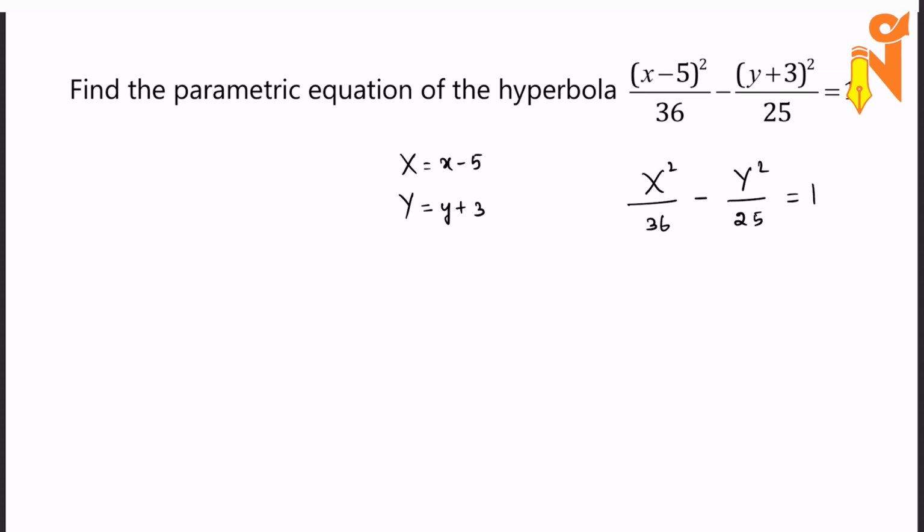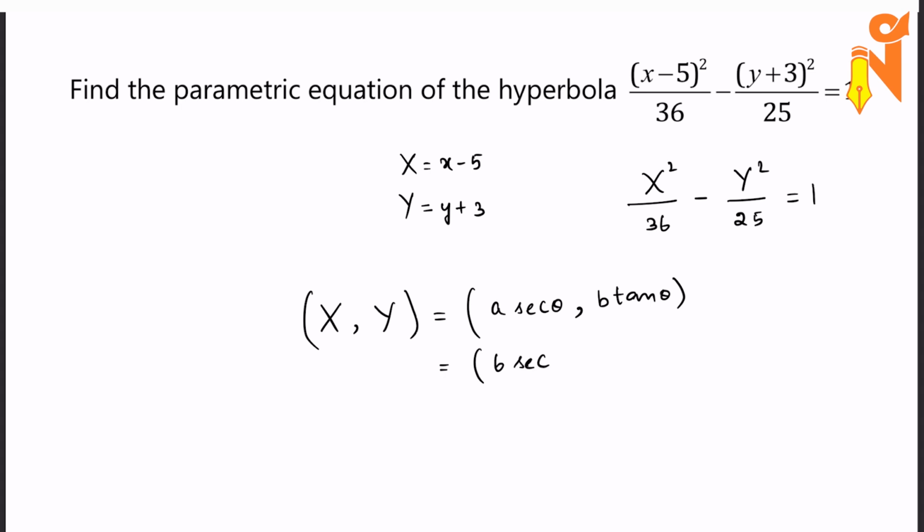Now it is the standard equation of hyperbola, but in terms of capital X. So parametric coordinate is A secant theta, comma B tan theta. So A is 6 and B is 5. So capital X is 6 secant theta, capital Y is 5 tan theta.